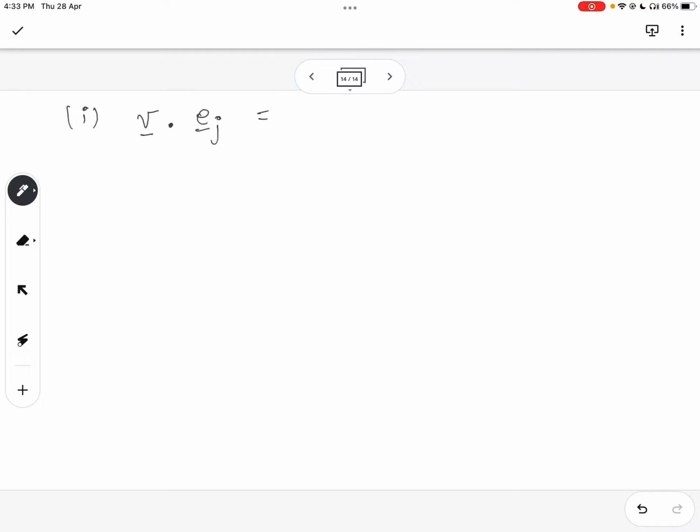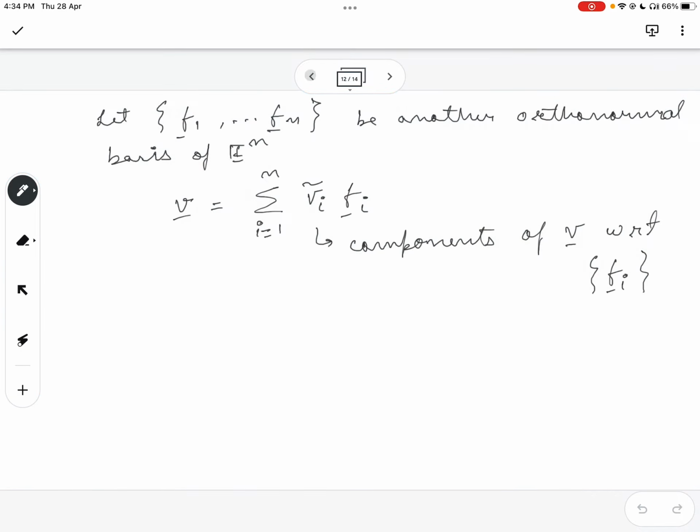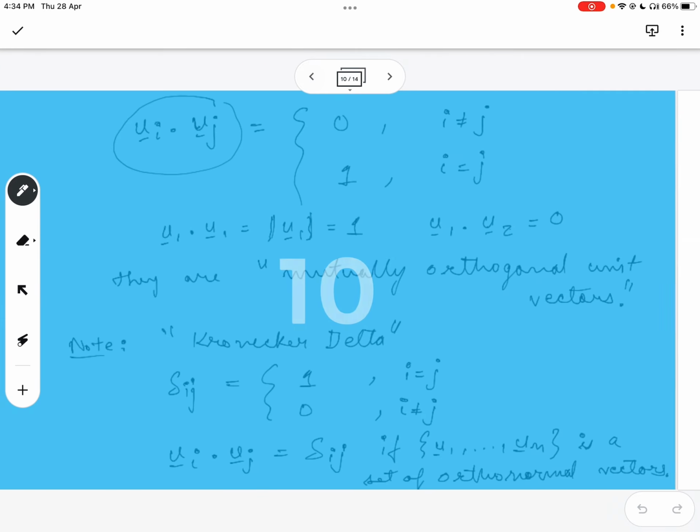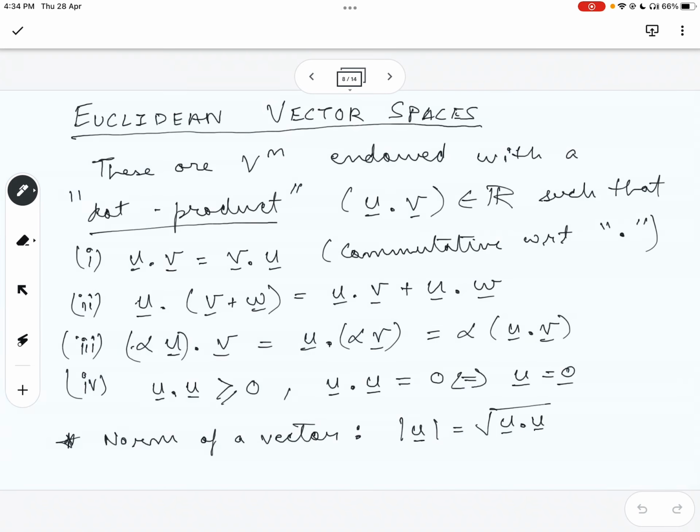So when we write V as VI EI using the summation convention, V dot EJ can be written as VI EI dot EJ using this property of the dot product.